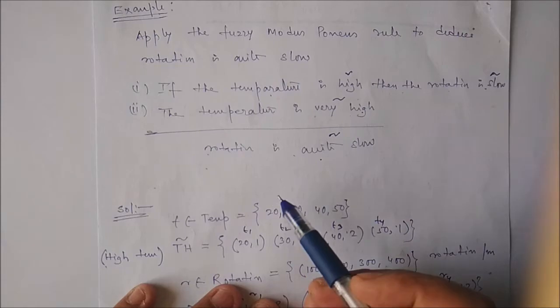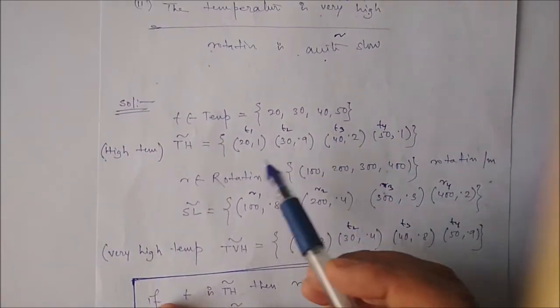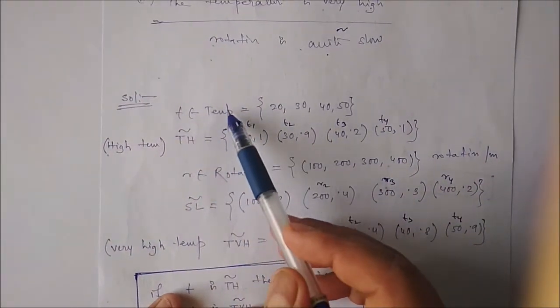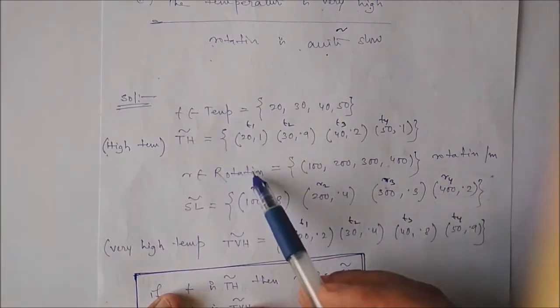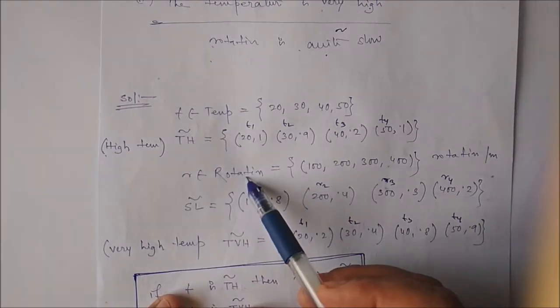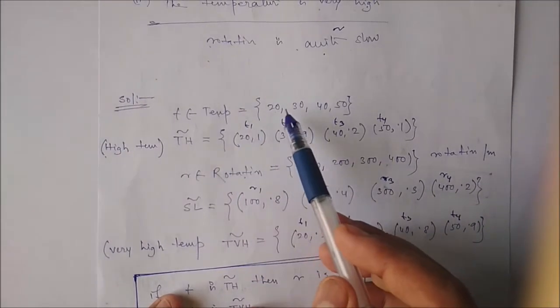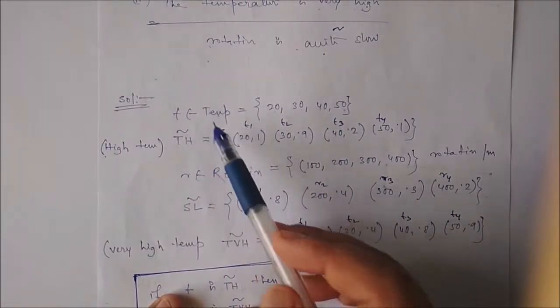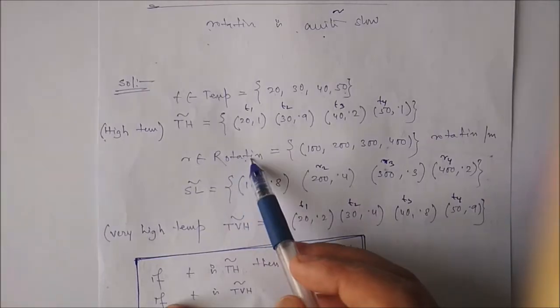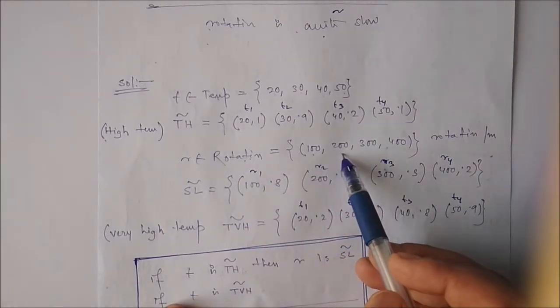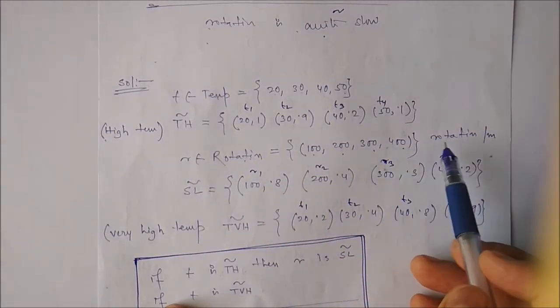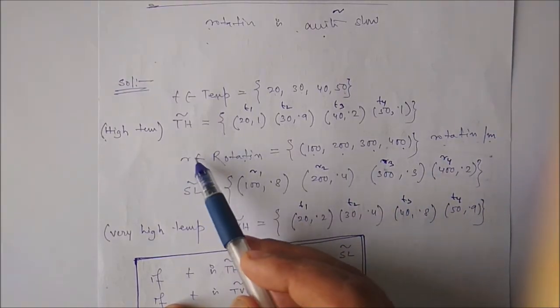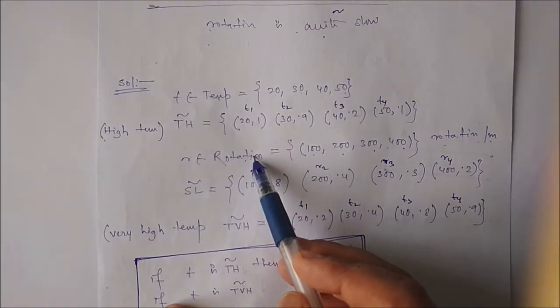Temperature and rotation are the two universal sets. Temperature contains 20, 30, 40, 50, where small t belongs to temperature. Rotation contains 100, 200, 300, 400 rotations per minute, where small r belongs to rotation.